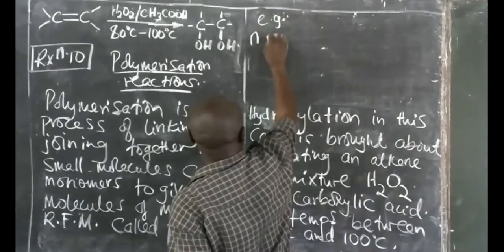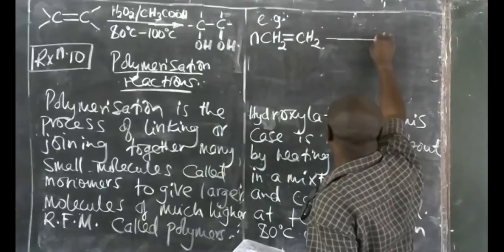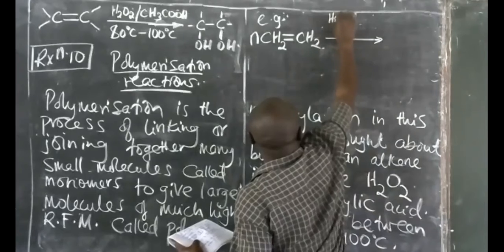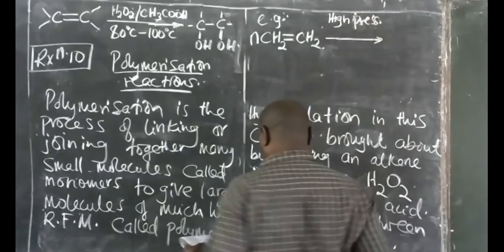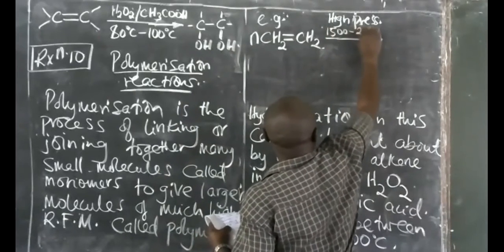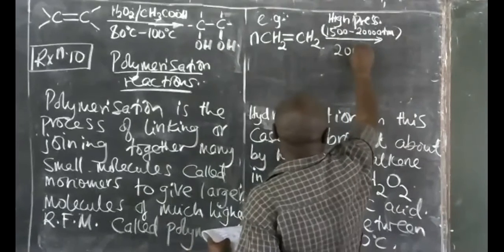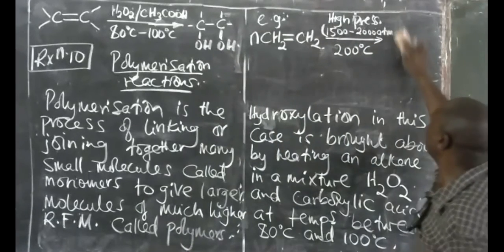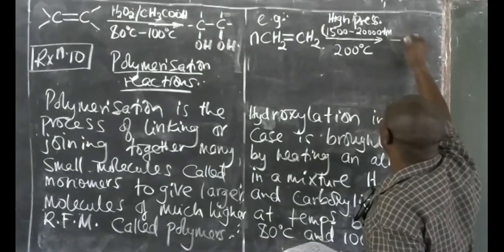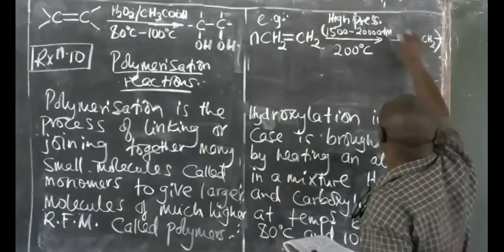For example, if I have CH2 double bond CH2, and this one occurs at high pressure of around 1,500 to 2,000 atmospheres, temperature 200 degrees centigrade, it is going to give us CH2 CH2 in brackets, n.